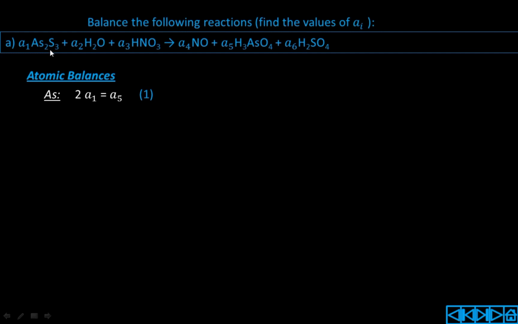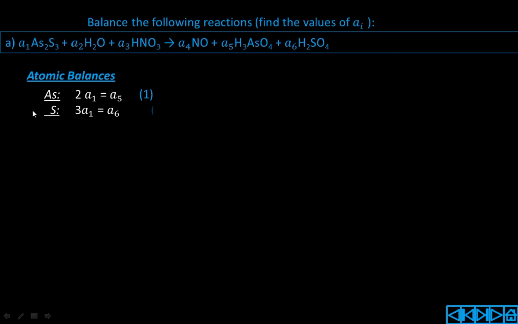We have three sulfur atoms for the stoichiometric coefficient A1, and we have no more in the reactant, and we have one atom of sulfur for the stoichiometric coefficient A6. So that is the balance, my dear friend. We call it equation 2.